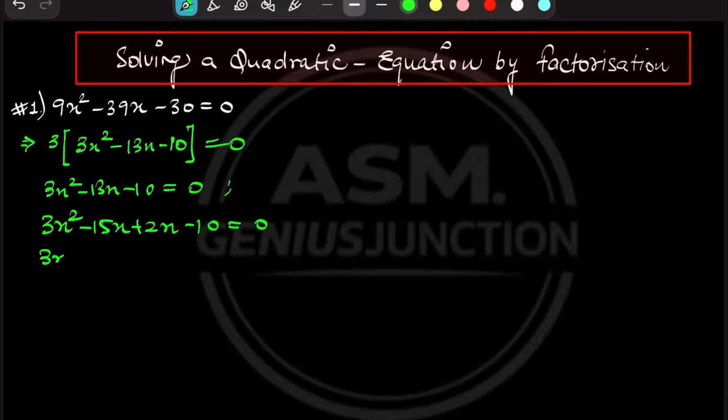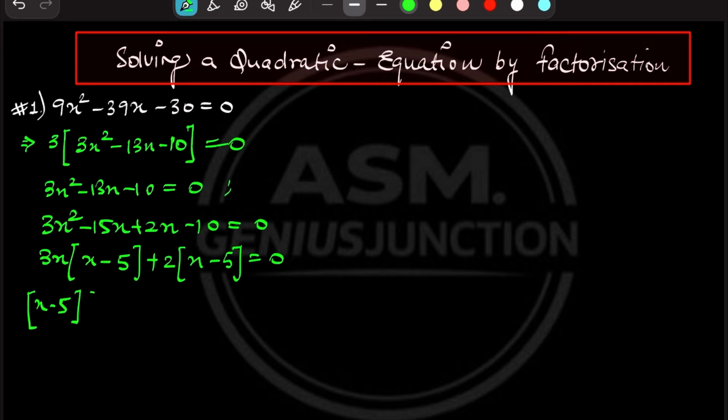Let's take out 3x common from the first two terms. So I will be getting x minus 5 plus, now I will be taking out 2 common and I'm having x minus 5, both equals to 0. So let's take out x minus 5 common from both the terms. So we are left with 3x plus 2 equals to 0.